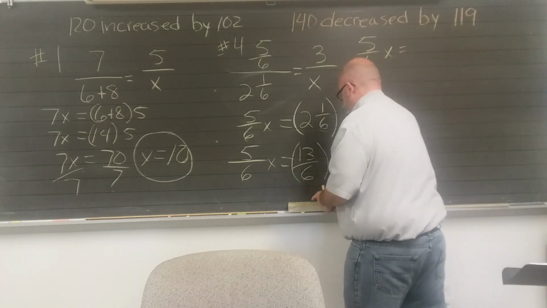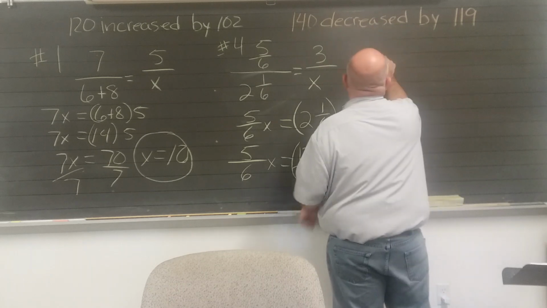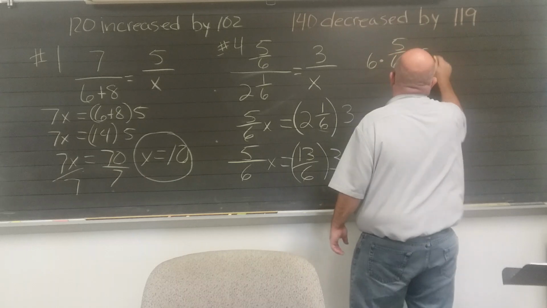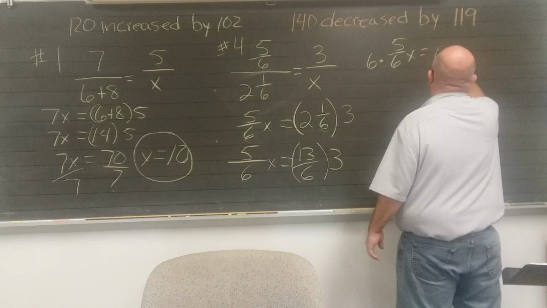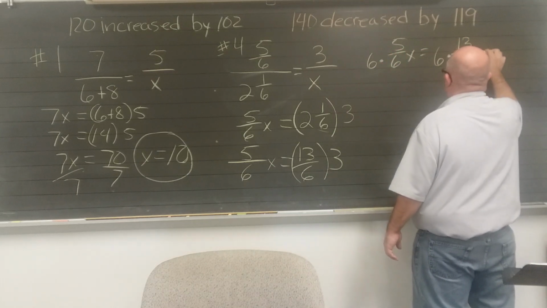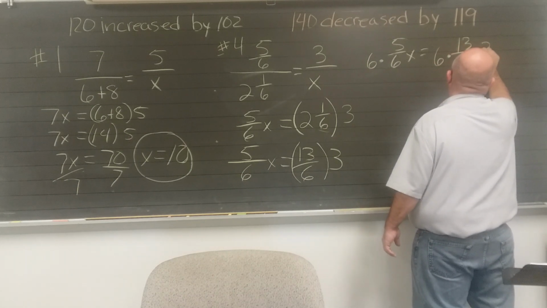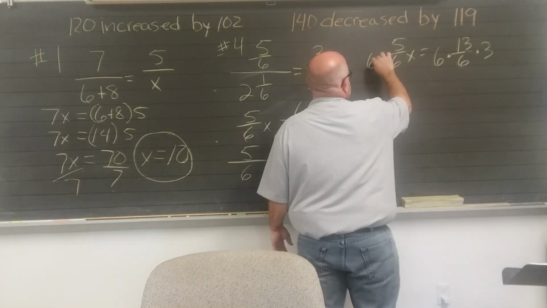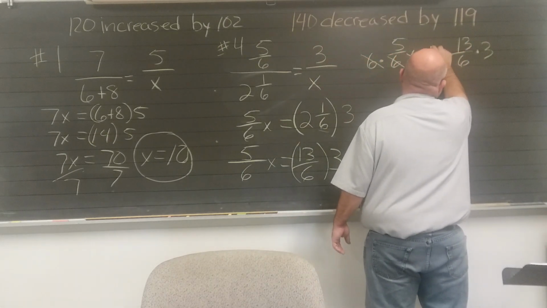Actually, sorry, got the space wrong. 6 times 5 over 6x equals 6 times 13 over 6 and 3. I'll just put dots in there. All right? Now 5 divided by 6 times 6 gets rid of the 6. 13 divided by 6 times 6 gets rid of the 6.